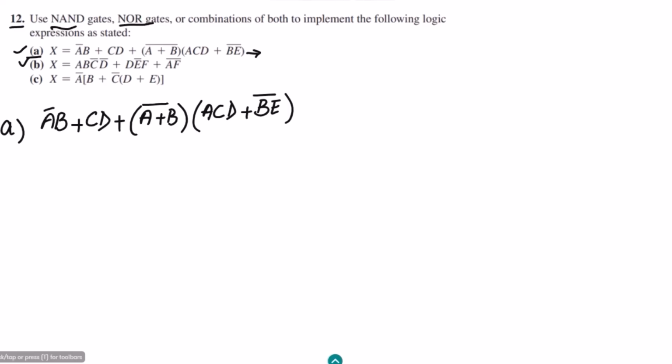Okay, so how are we going to proceed here? In all the circuits we have to see which is the feasible gate to implement here, and we have to choose from the NAND and NOR gates which is feasible for us. Okay, so how many inputs do we have? We have A, B, C, D, E.